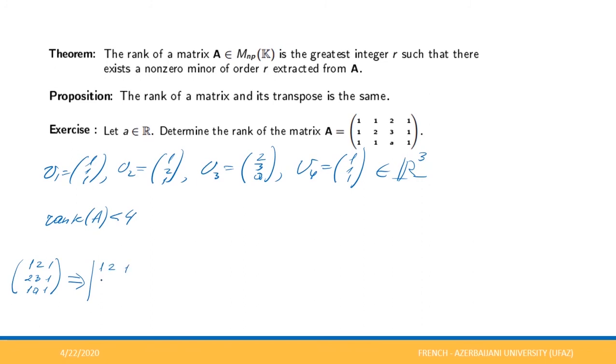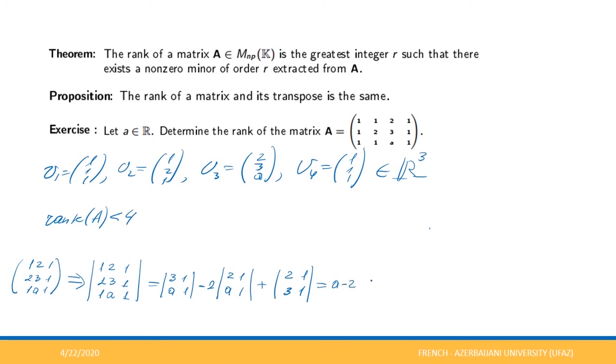Here we use the expansion formula along the first column. Then the result will be the determinant of 3, 1, A, 1, minus 2 times the determinant of 2, 1, A, 1, plus the determinant of 2, 1, 3, 1. If we calculate this expression, the result will be A minus 2.